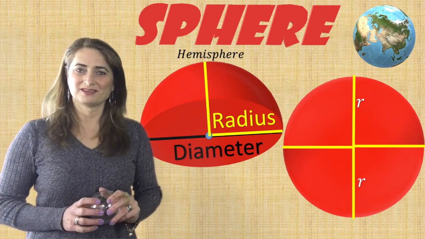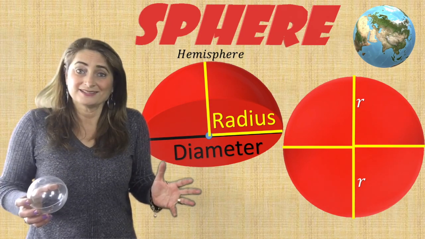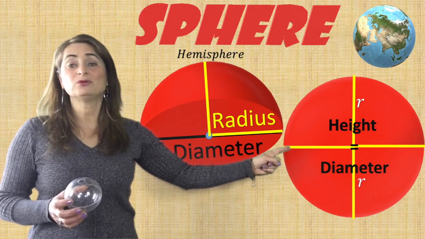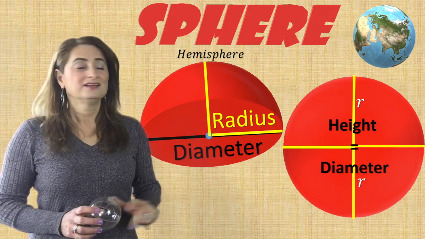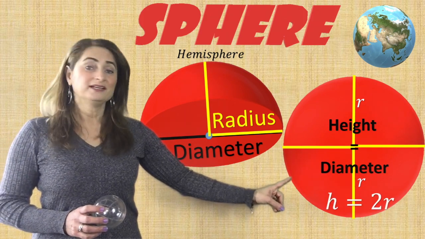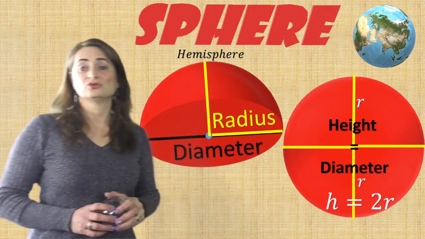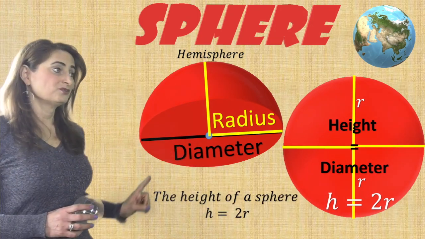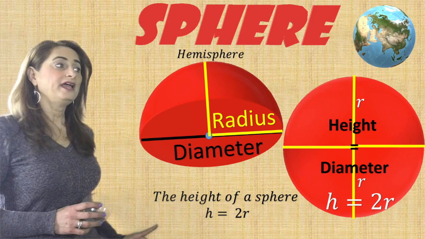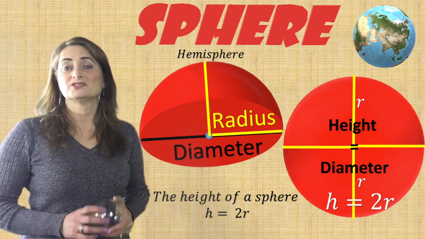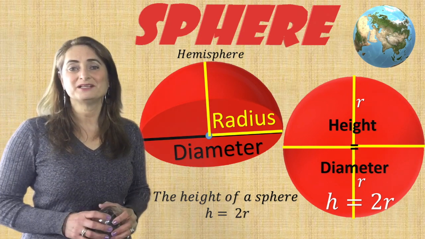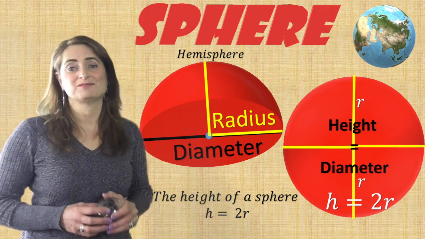Did you notice something? There isn't a height. The height equals the diameter. I can rewrite it with the radius: h equals 2 times the radius. So the height of a sphere, h equals 2r. The height of a sphere is the diameter, and the diameter equals 2 times the radius.